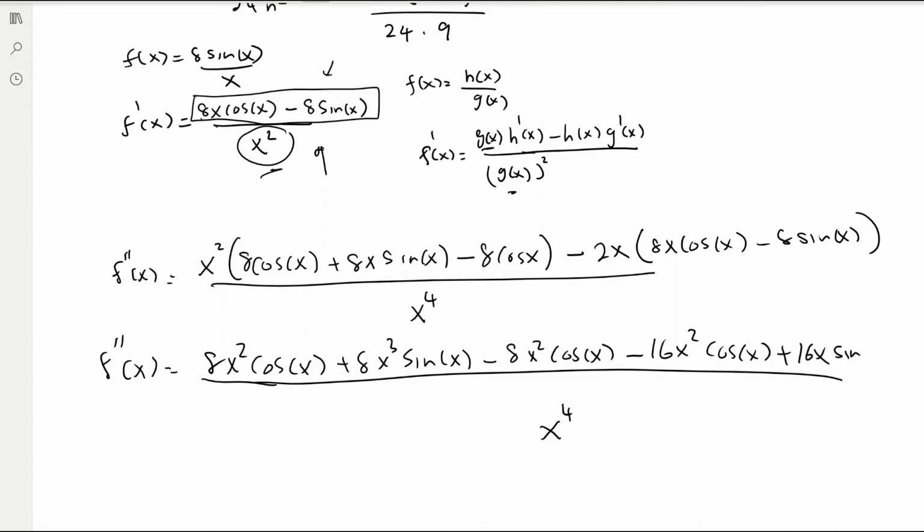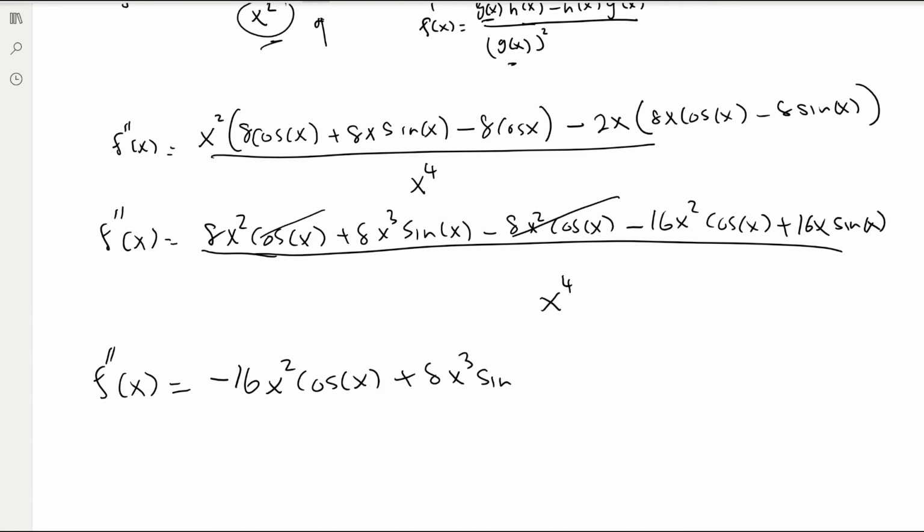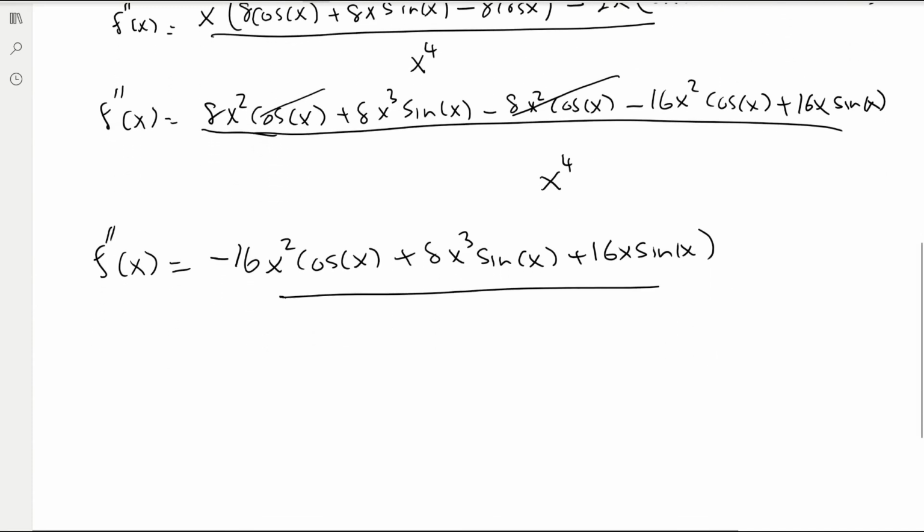So the second derivative is going to be: the 8x squared cosine x terms cancel, so it's minus 16x squared cosine x plus 8x cubed sine x plus 16x sine x, all over x to the 4.